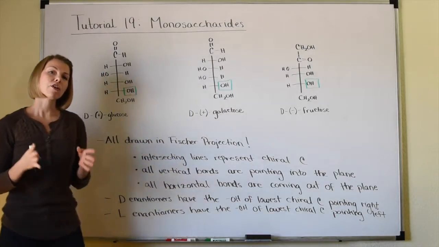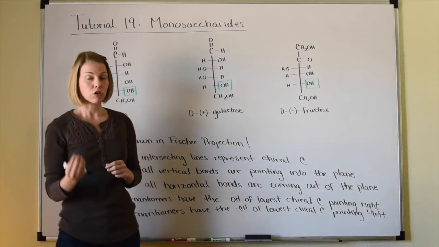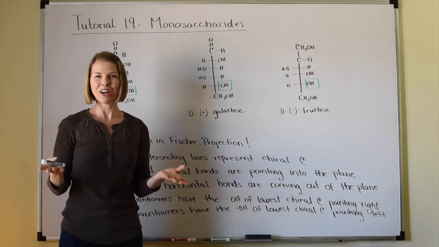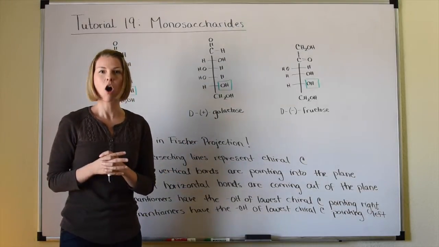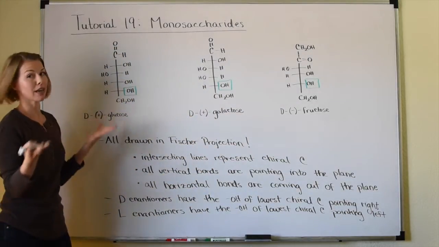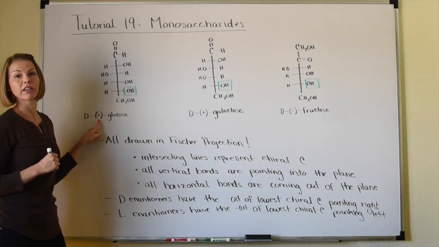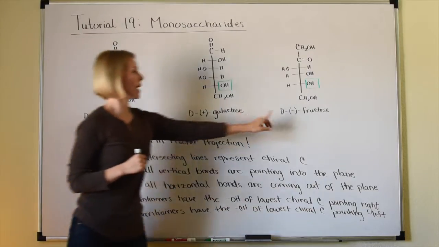To determine whether or not an enantiomer is dextrorotatory or levorotatory, you either have to go find a polarimeter and measure it and see, or look it up in a reference book, or find where it's indicated in the name with either a plus or a minus.